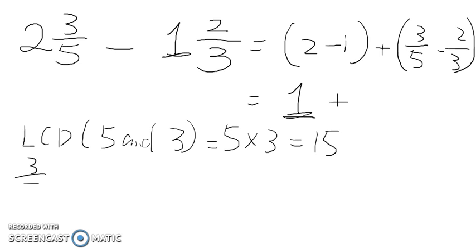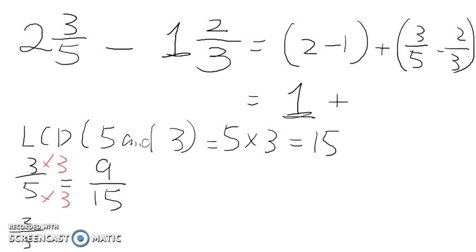So 3/5 would equal, times 3 and times 3, 9 over 15. And 2/3 times 5 would equal 10 over 15.